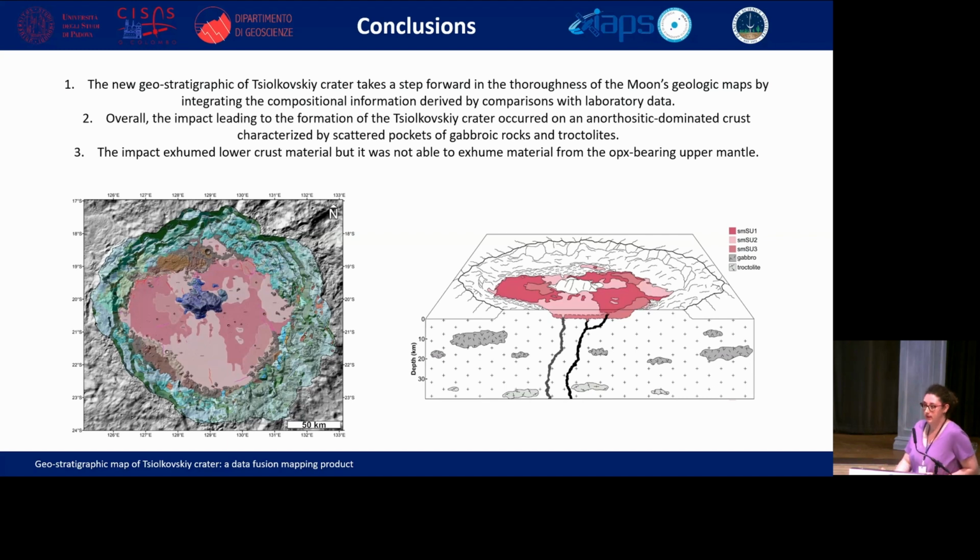Overall, the impact leading to the formation of Tsiolkovskiy occurred on a highly anorthositic crust characterized by scattered pockets of gabbros and troctolites. And the impact exhumed material from the lower crust up to more or less 30 kilometers, but it was not sufficient to exhume material from the olivine-orthopyroxene-dominated upper mantle. Indeed, we did not detect orthopyroxene.